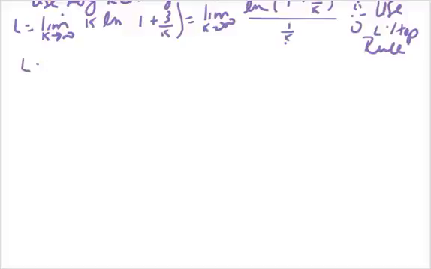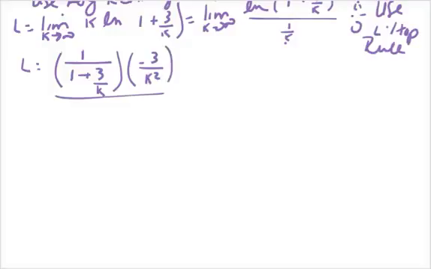So L is equal to, right, the derivative of the log of 1 plus 3 over k, which is 1 over 1 plus 3 over k, using the chain rule, times minus 3 over k squared, divided by the derivative of the bottom, which is 1 over k squared.